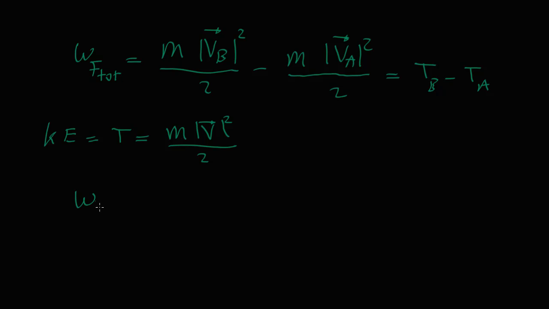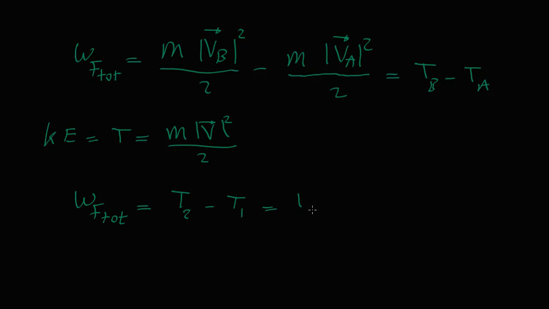So WF total in general is equal to TB minus TA, or we can say T2 minus T1. B was the end point of the path and A was the starting point, so it's better to just write T2 minus T1.